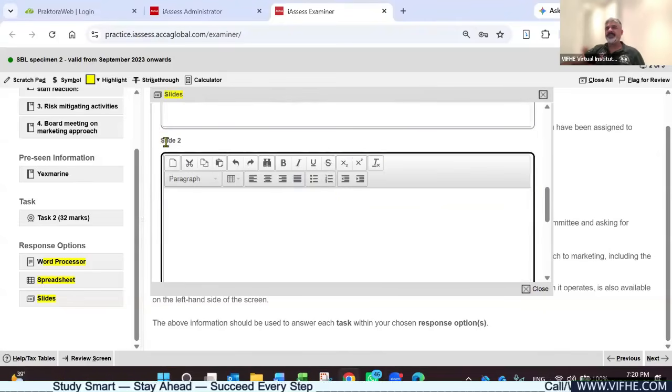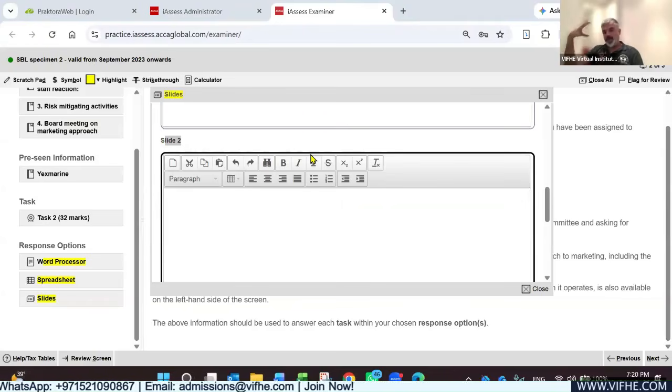And then what is this? Slide number 2. What is slide number 2? Another slide.